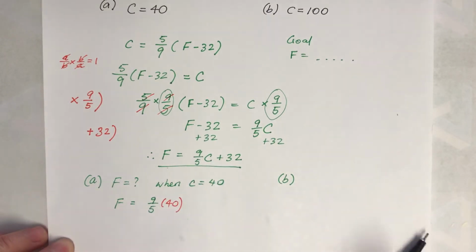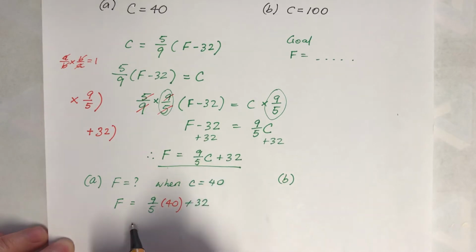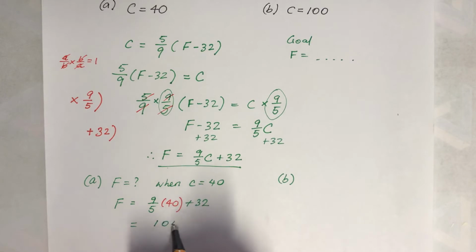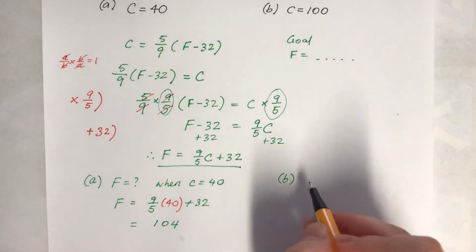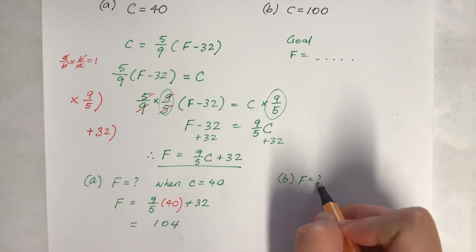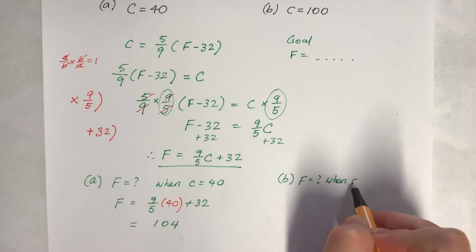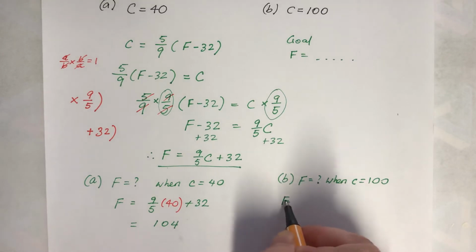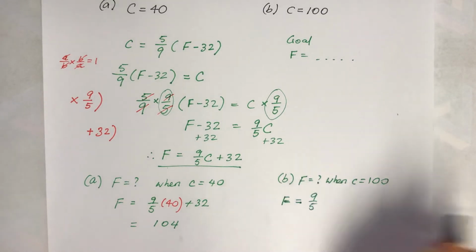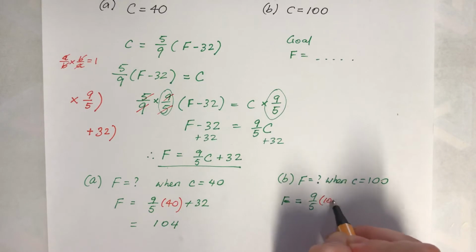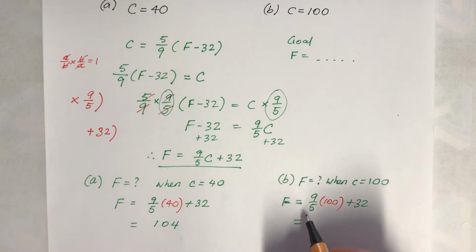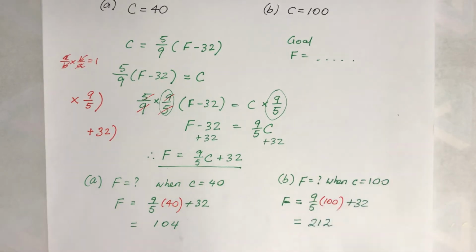So I put 40 there and plus 32, and you put all that in your calculator exactly the way it is, and you will get 104. For part B, when C equals 100, F equals 9 over 5 times 100 plus 32, and put that in your calculator, I will get 212.